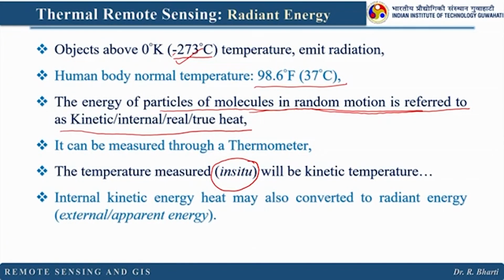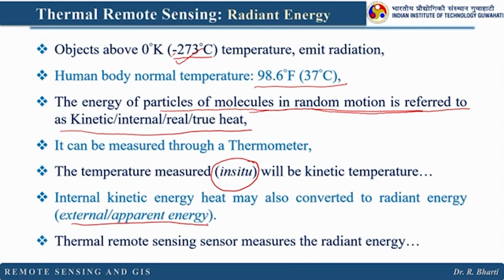So the internal kinetic heat may also convert to radiant energy, which is external or apparent energy, right? And this we measure through our remote sensing sensors. So here thermal remote sensing sensor measure the radiant energy.